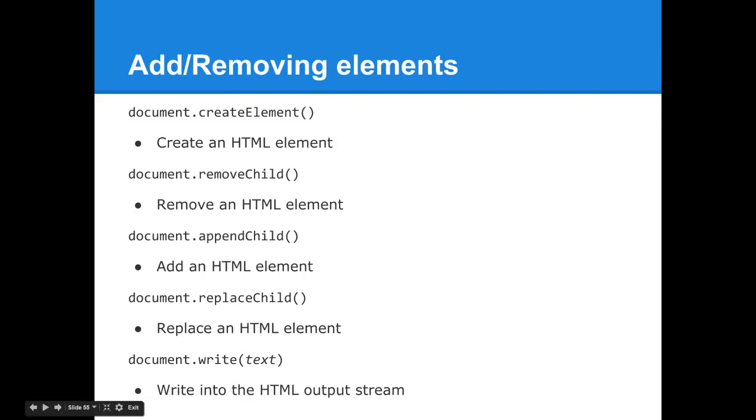You can add or remove elements rather straightforwardly with createElement, removeChild, appendChild, replaceChild, and you can just write directly to the document with document.write, and the text can be an arbitrary string containing an arbitrary amount of HTML tags, which will then subsequently be interpreted and parsed into the DOM model.